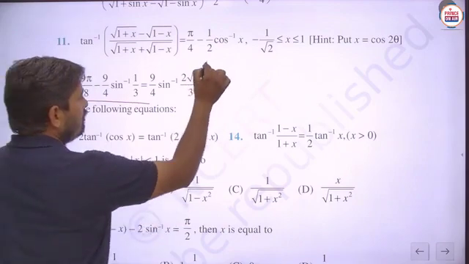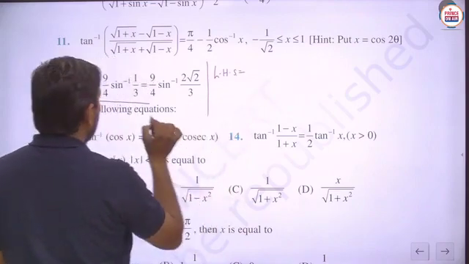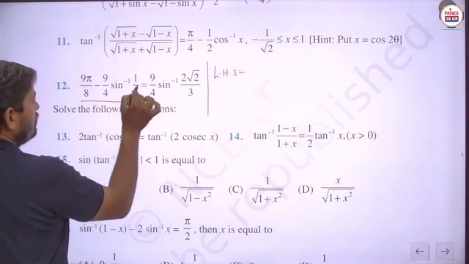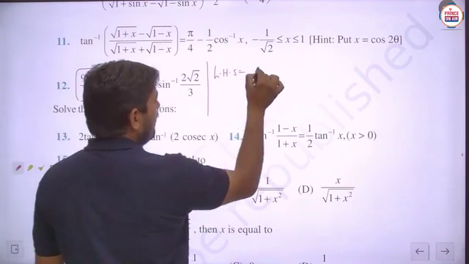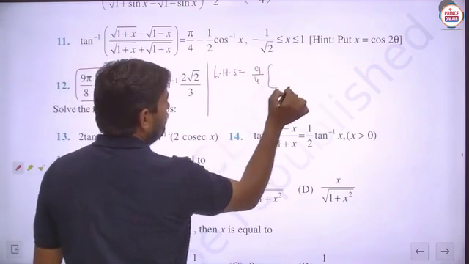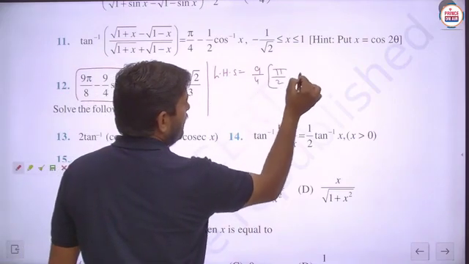So suppose this left hand side we have to simplify, then from these two parts we have to just take 9 by 4 common. Then it should be written as 9 by 4 times pi by 2 minus sine inverse 1 by 3.